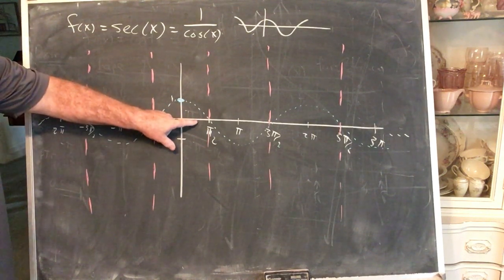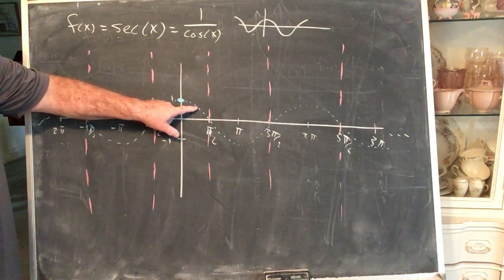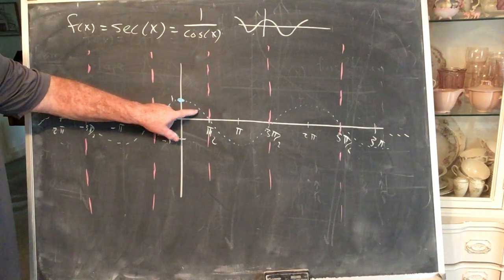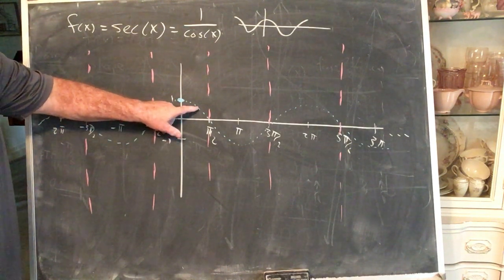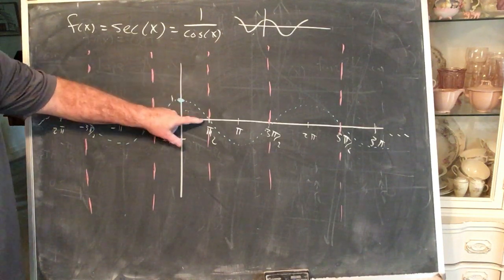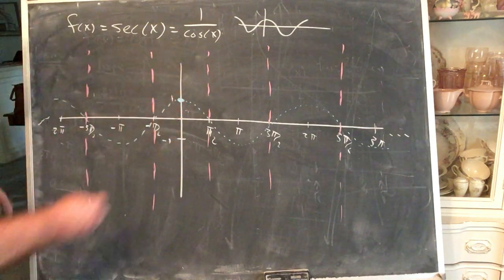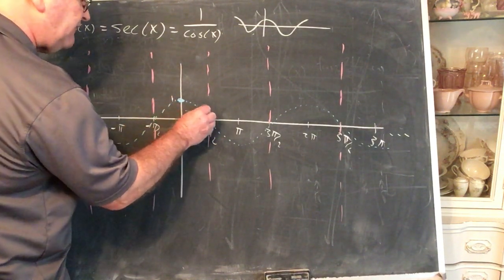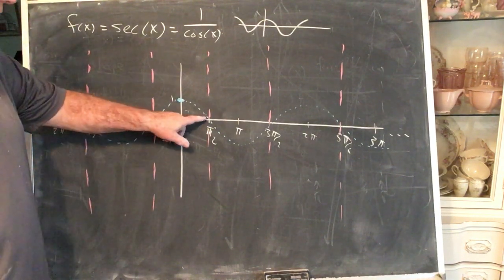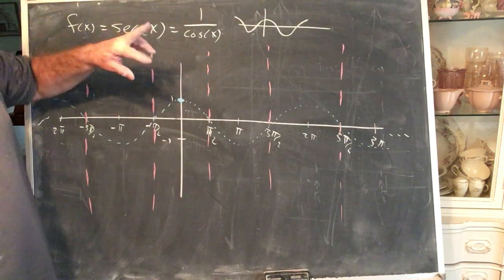Now, at a certain value, the function value of cosine is 1/2. What's the reciprocal of 1/2? Well, it would be 2. And so at that value, wherever cosine is equal to 1/2, that's where secant maps up here to 2. Wherever cosine is 1/3, secant graphs to the reciprocal. That would be 3. Is it clear that as cosine, as the fraction gets smaller and smaller, 1/10, 1/20th, 1/50th, the function value secant is the reciprocal?